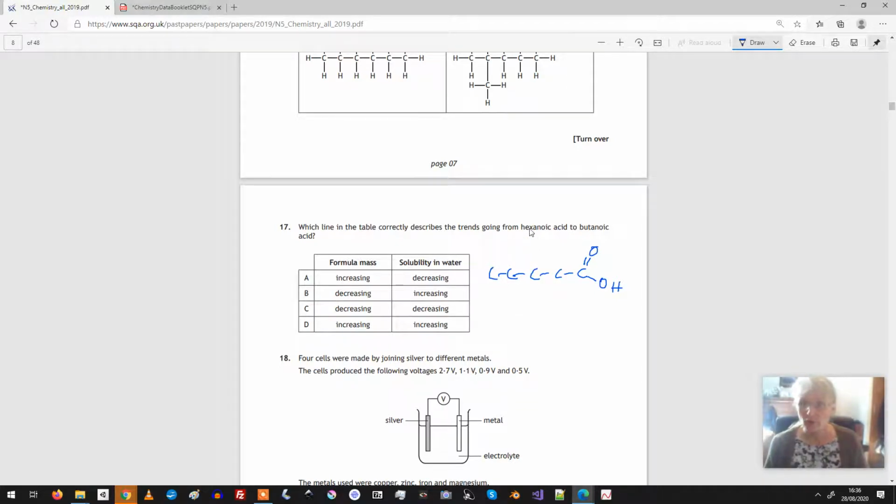So this one wants to dissolve less than this one because it's got a longer chain. So which line of the table correctly describes the trend going from hex to but? So the chain's getting shorter, it wants to dissolve more. So it will be B, 17B.